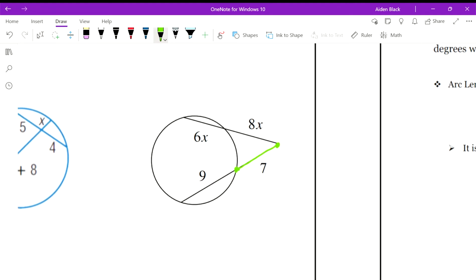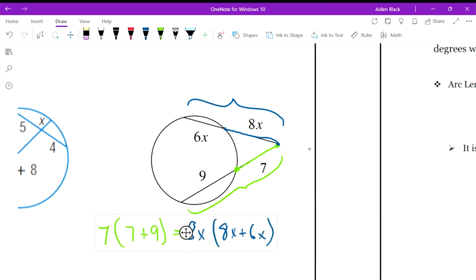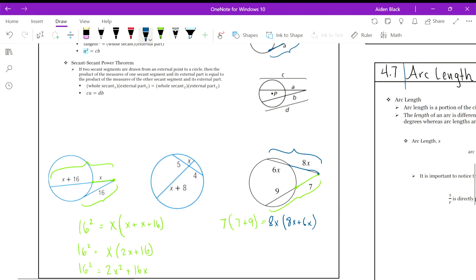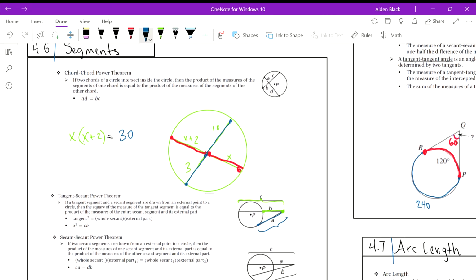So for example here you'll do the external part times the entire secant, so that's 7 plus 9, and we know that that is equal to, again, the external part, 8x, times the entire secant, so that's 8x plus 6x. That's how you do the secant. I think that covers all of these power theorems for segments.